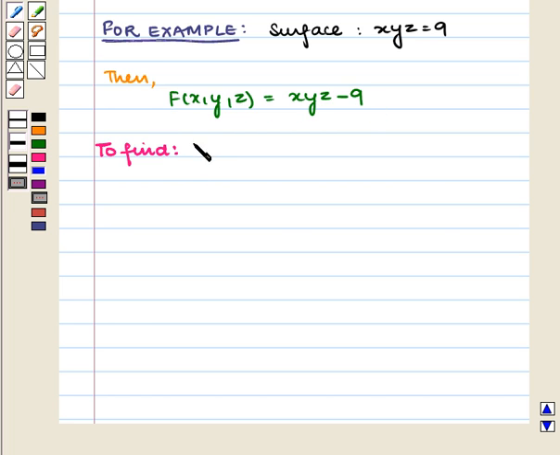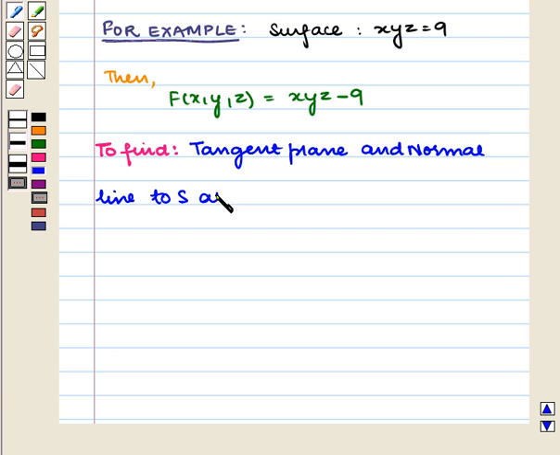We want to find the tangent plane and normal line to S at P(1, 2, 3).